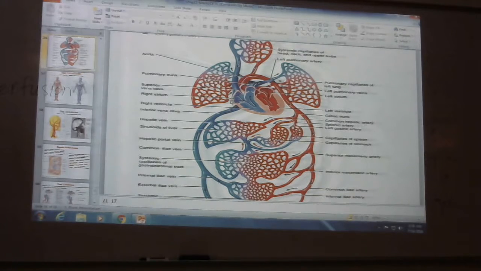You remember the circle of Willis? Here, your internal carotids, and then here, your basilar arteries from your vertebrae. They meet at the base, circle of Willis, to make sure that your brain is properly supplied with blood. So heart and brain have collateral circulation.